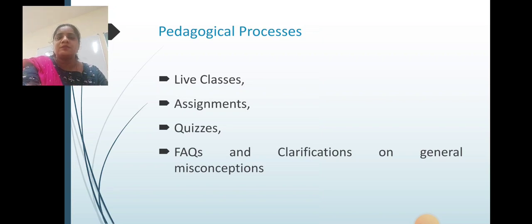Now the pedagogical processes will include live classes like this. It would include assignments, which are given so that they can provoke a thinking bent of mind in you, so that you can learn for yourself what the things involved in a particular concept are.